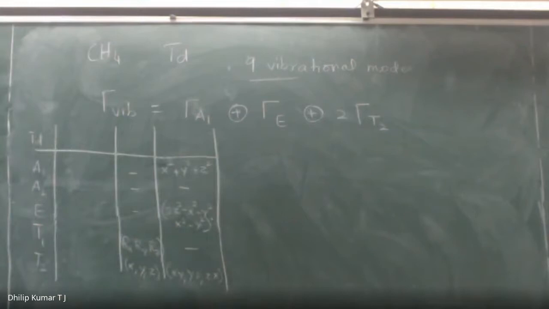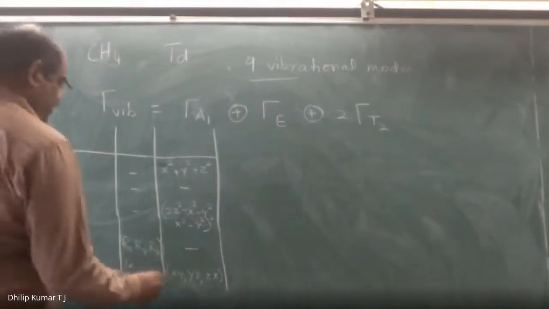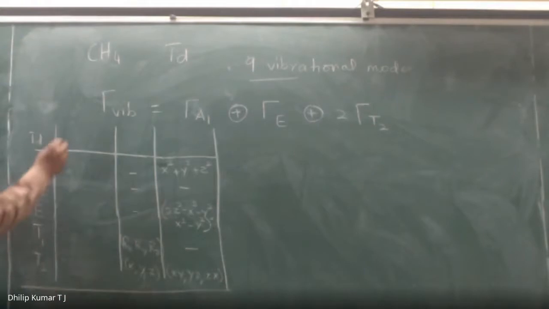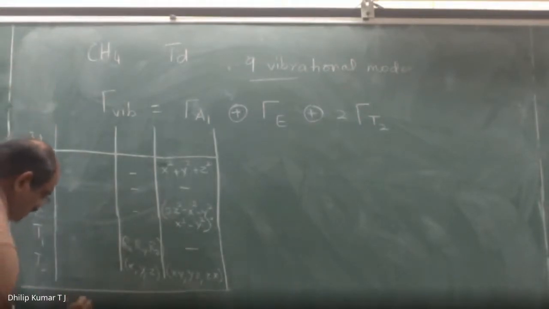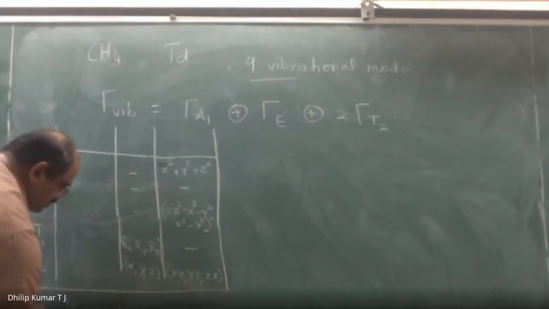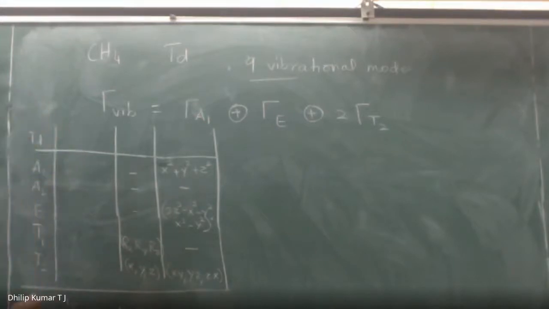Okay, so total vibrational is 9. How we do it is you write the reducible representation for this molecule: 15, 0, -1, -1, 3. That is gamma reducible.